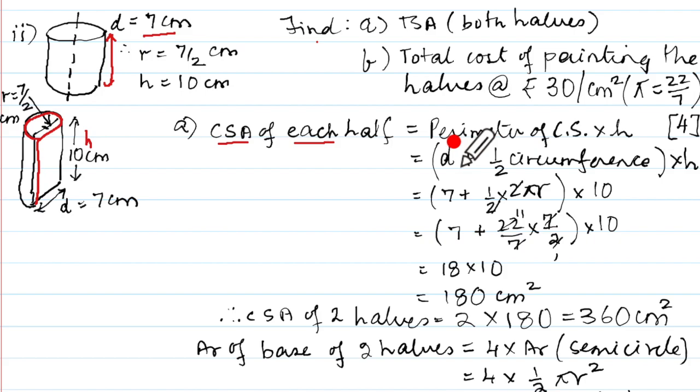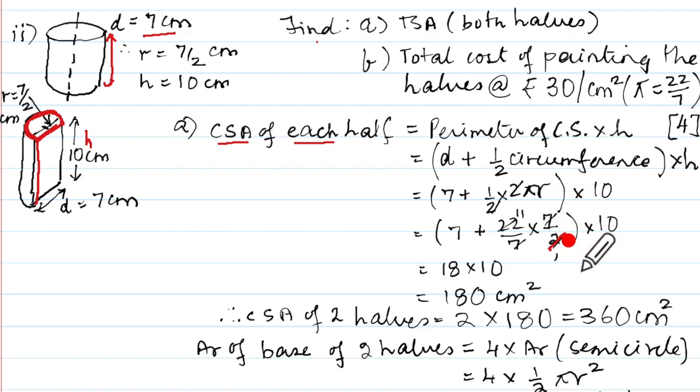So I have written here perimeter of cross section, which is diameter, that is this portion, plus this part of the circumference, means half the circumference, multiplied by this 10, which is the height. Then we substitute the values, cancel this 2 and 2, then it becomes 7 plus 22/7 into r, that is 7/2.